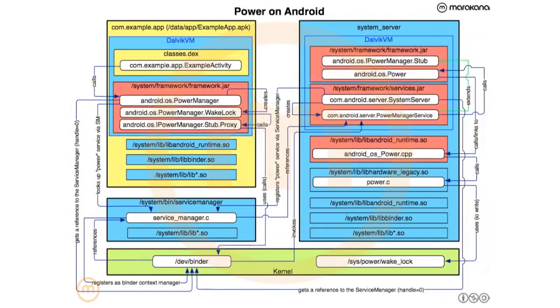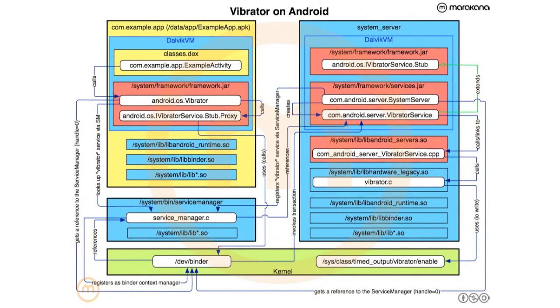So let's go back again to this diagram. Sorry, vibrator. So system server builds the vibrator service. Then what it does, it goes to the binder and says, hey, binder, where is your service manager? It discovers that the service manager is right here because service manager pre-registered.